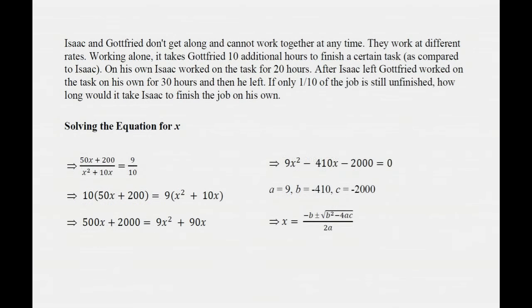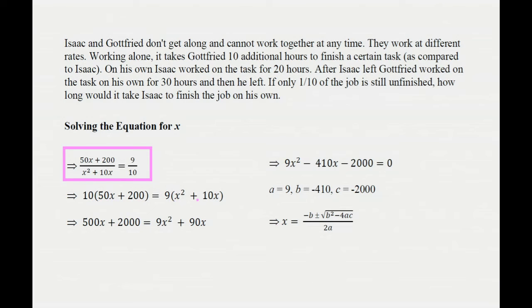So this came from the previous slide, and I cross multiplied 50x plus 200 by 10 and 9 by x squared plus 10x. Did a little bit of simplification, or to be specific, distributing 10 over 50x plus 200 gives me 500x plus 2000.